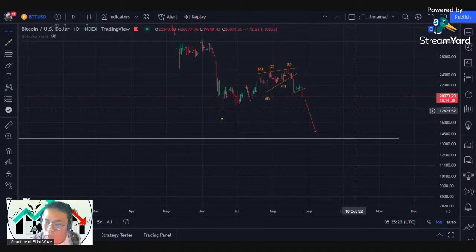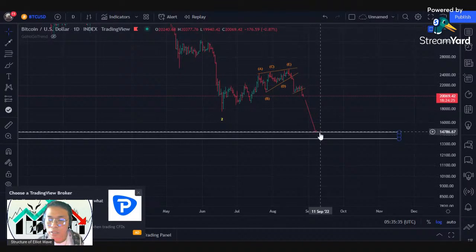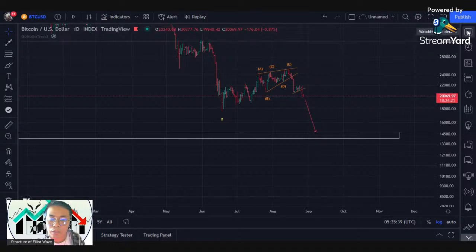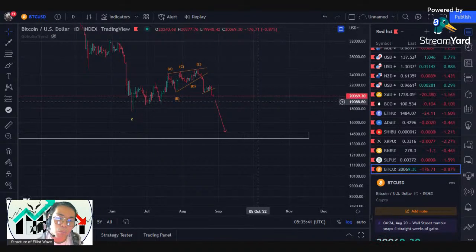If you can trade short, you can go short. But as my advice, you can just wait for these corrections to end, then invest your money so that it will be safer. Some people call it buy low.